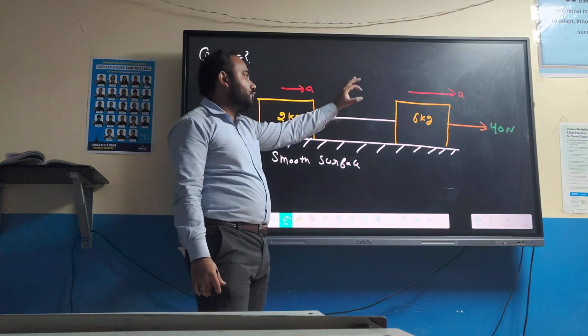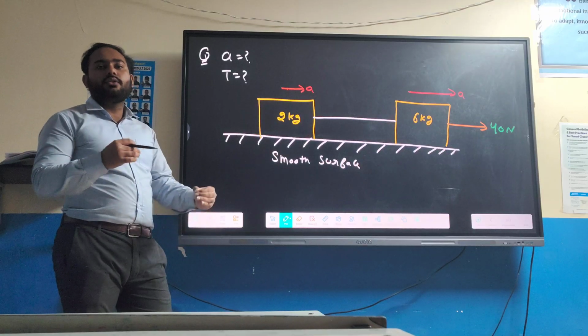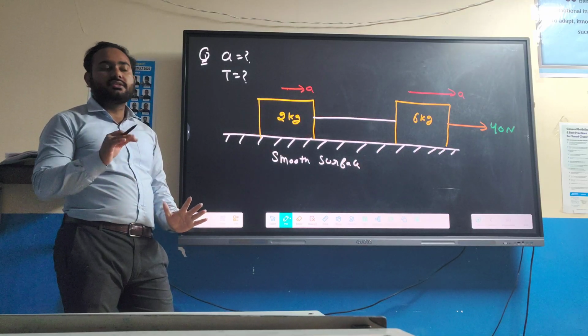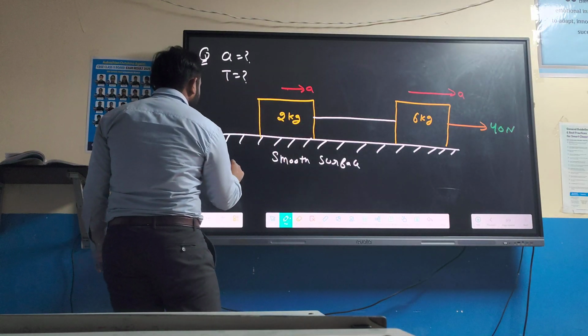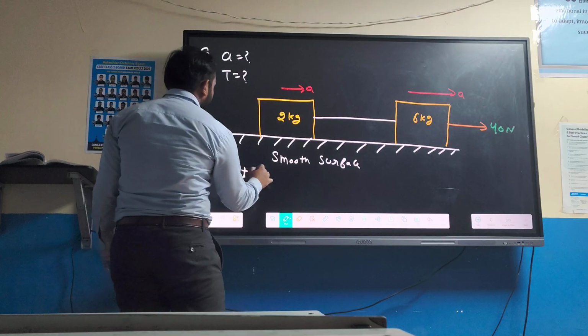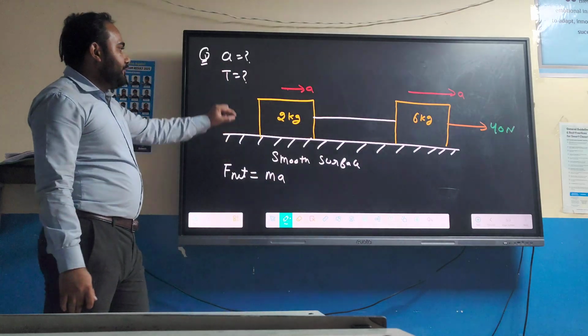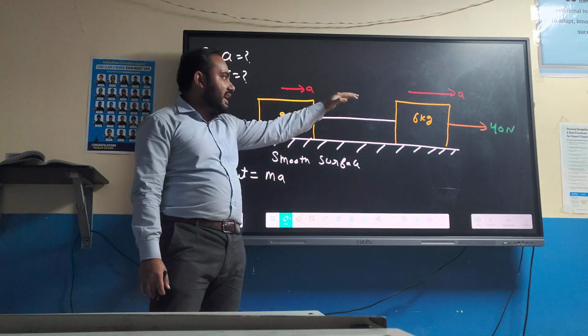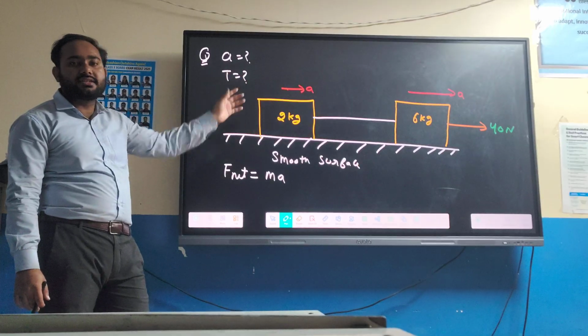To find the acceleration, we will simply apply the second law equation, Newton's second law. Newton's second law is net force acting on the body is equal to mass into acceleration. If 2 kg and 6 kg have the same acceleration, can I consider both as a single system?